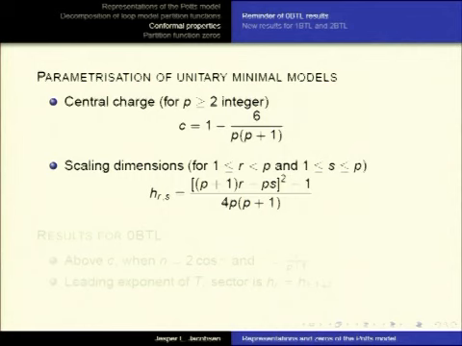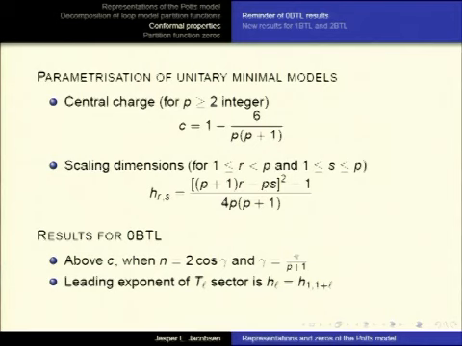And there are scaling dimensions, critical exponents, if you wish, which are given like this and parameterized by r and s, which are supposed to be in some range called the Kac table. Just summarizing, the ordinary Potts model has this central charge.